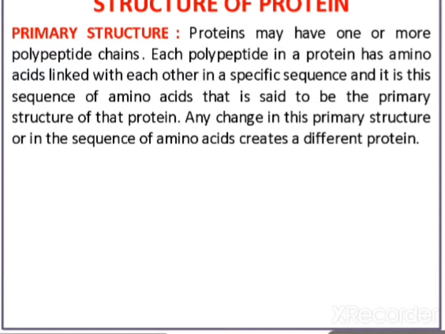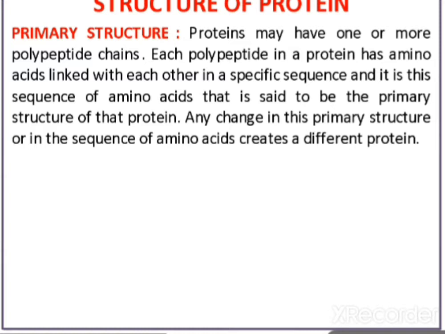So the sequence of amino acids is very specific. Specific means the order of the amino acids is fixed for a particular protein. If you change this order, then definitely the nature of the protein will change, and also the type of protein will change.